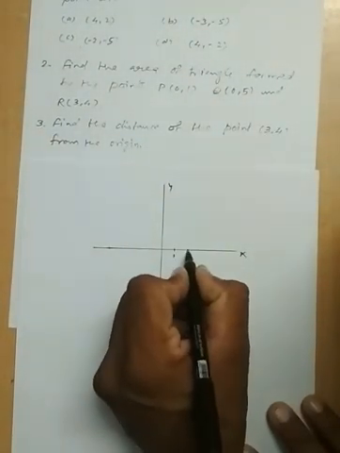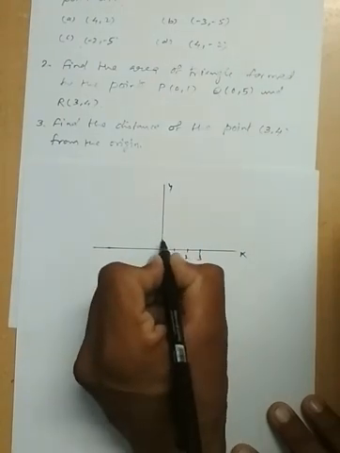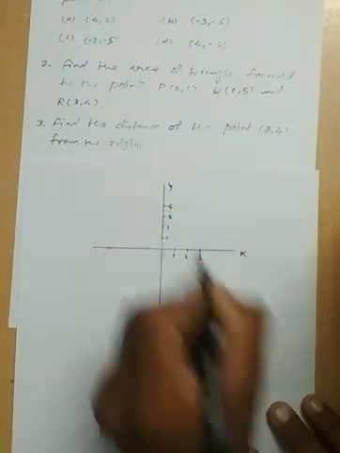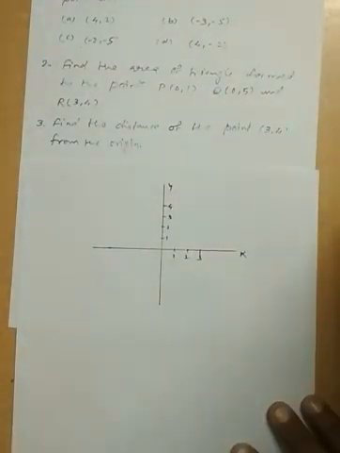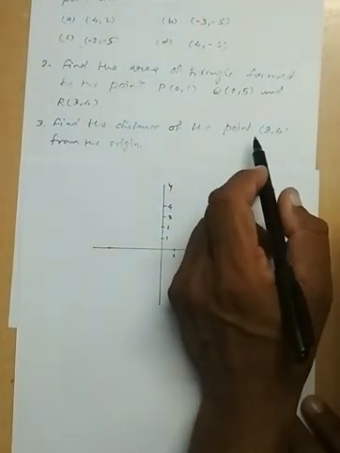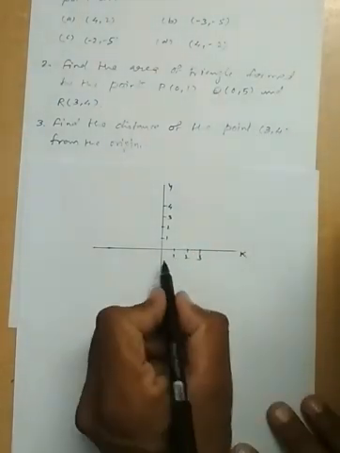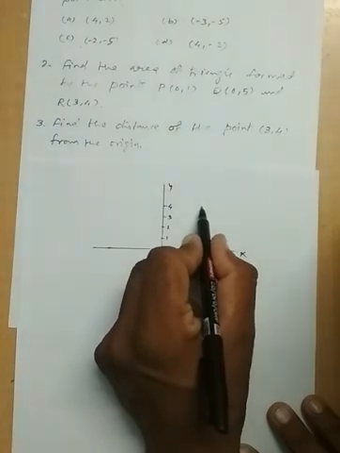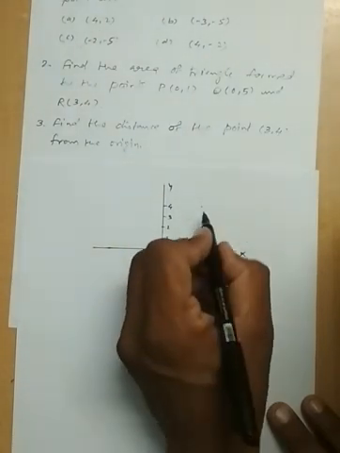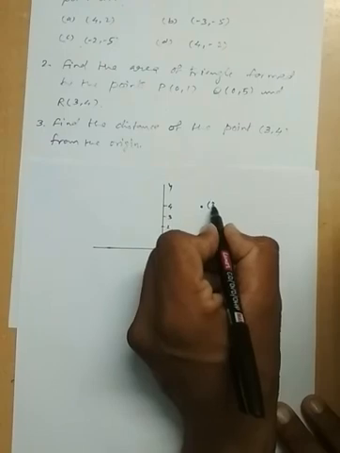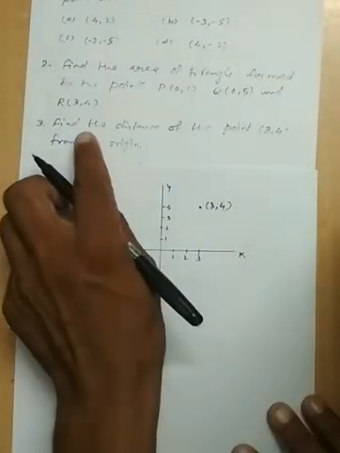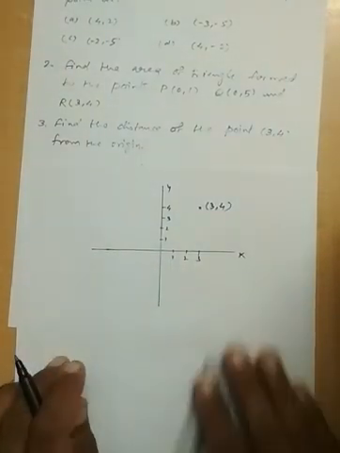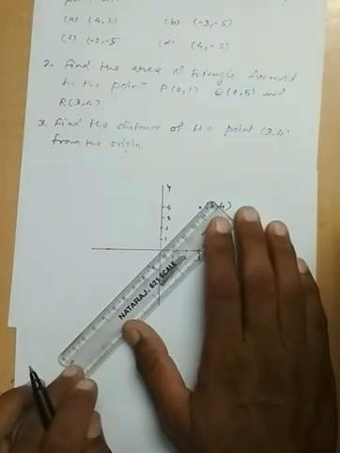We take 1 unit, 2 units and 3 units, 1, 2, 3 and 4 units, and plot this point (3, 4). So first move 3 on the x-axis and again move 4 units on the y-axis. This is the point (3, 4), and find the distance of this point from the origin.